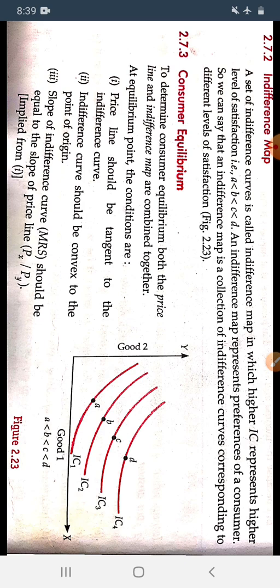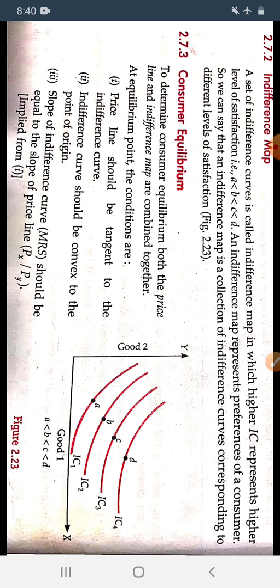In case of indifference curve analysis, we take both the price line and the indifference map combined and study them together. At the equilibrium point, the condition is that the price line should be tangent to the indifference curve.